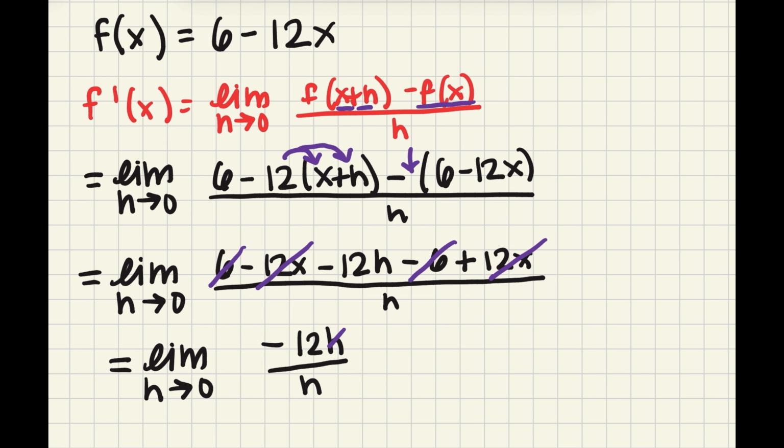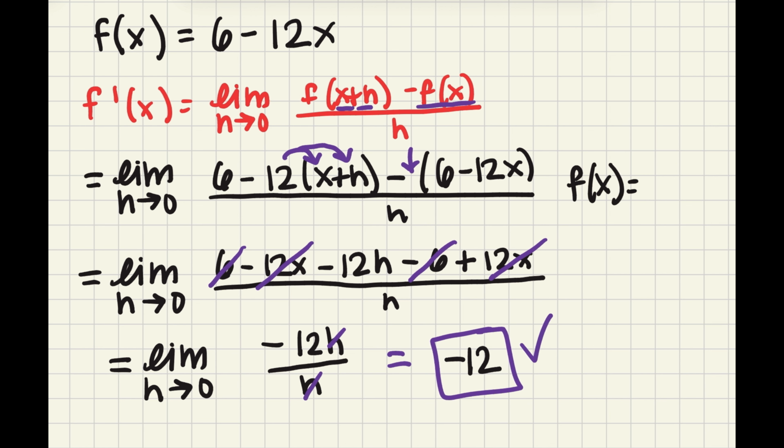And these h's will cancel out, which will leave us with negative 12. And that's going to be our final answer. Remember, our original function was f of x equals 6 minus 12x. So the derivative of this function is negative 12.